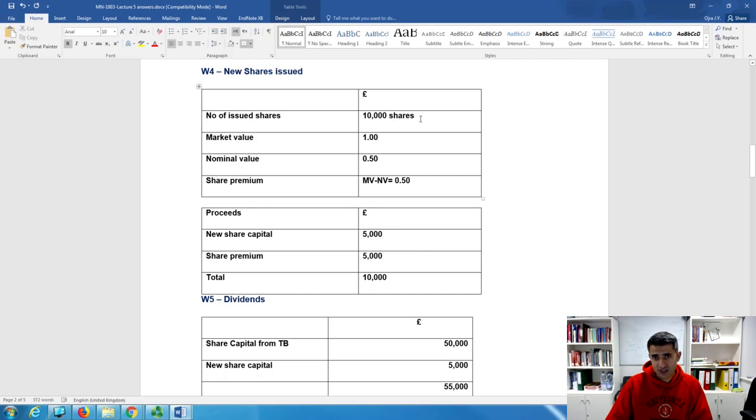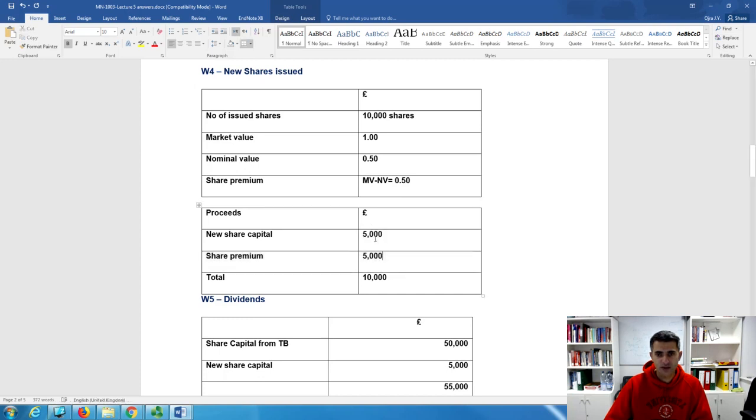Why? Because 10,000 shares times 50 pence, which is the nominal value. Nominal value is based on share capital. So the new share capital equals £5,000. And the share premium, 10,000 shares multiplied by 50 pence, which is the premium value, equals again £5,000.